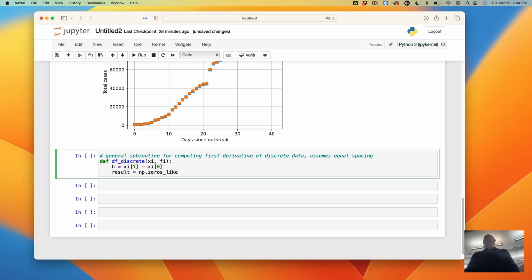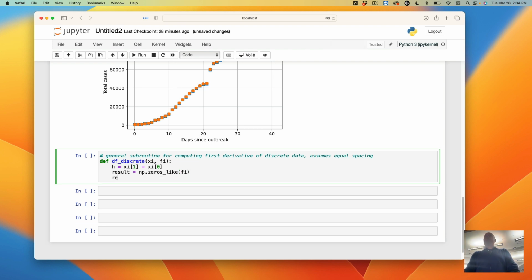I'm going to make it like fi, so the same size as fi. Now, for the first point, result 0, we're going to do a forward difference approximation. And that's fi at 1 minus fi at 0, over h.